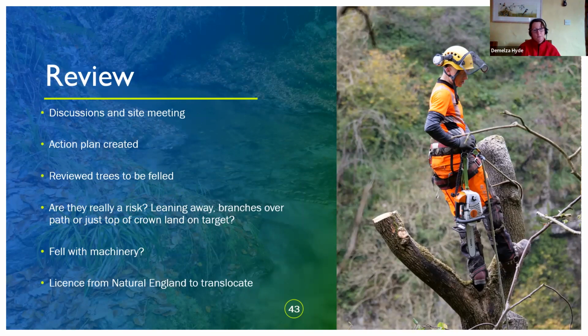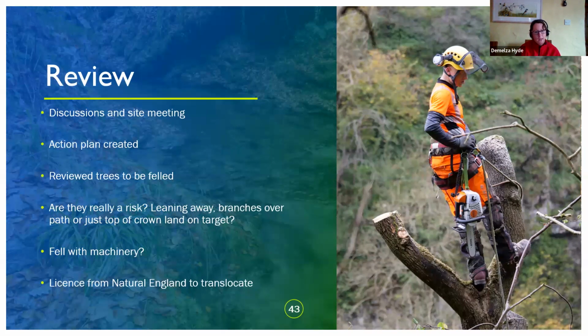Were there just a couple of branches over the path that we could deal with rather than the whole tree? Or was the tree far enough away that only the crown of it would land on the path, and therefore, whilst it might give someone a scratch or a minor injury, the risk level was actually low in comparison to what might be lost if we felled that tree.